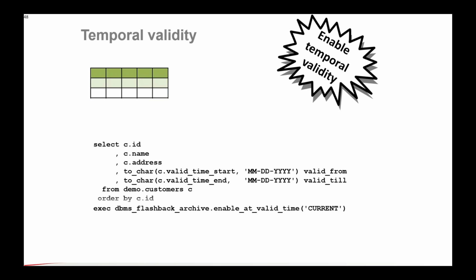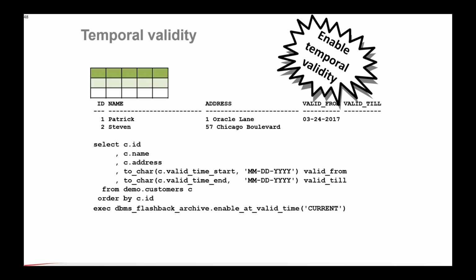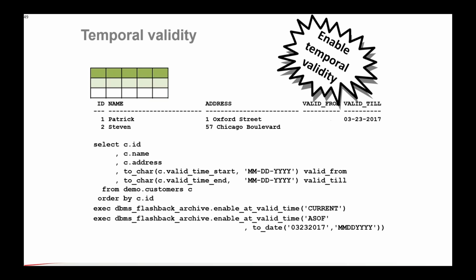If I then run the select again, no where clause, it shows me the record which is valid from the 24th and Stephen's address which is always valid. If I change the valid time to the 23rd, I can see what was in the table, or what was valid on the 23rd.